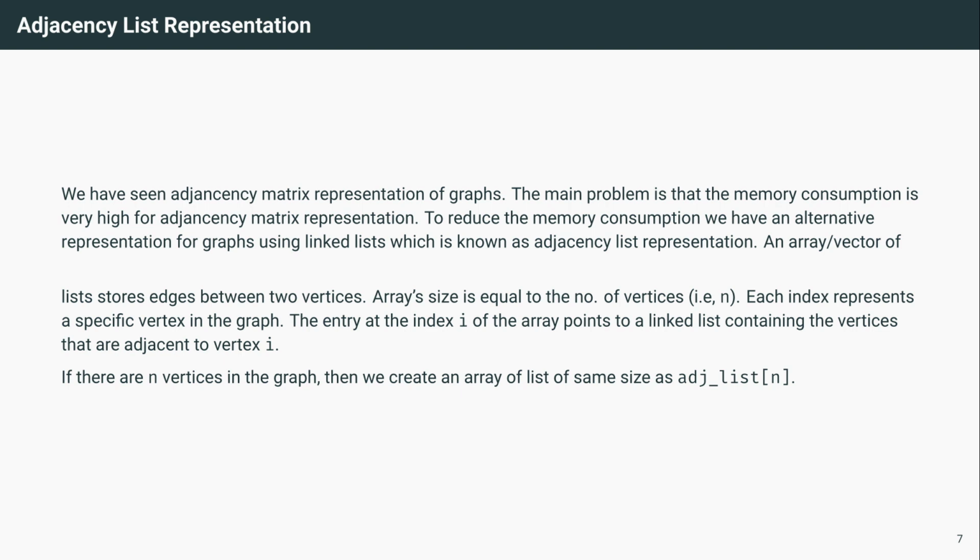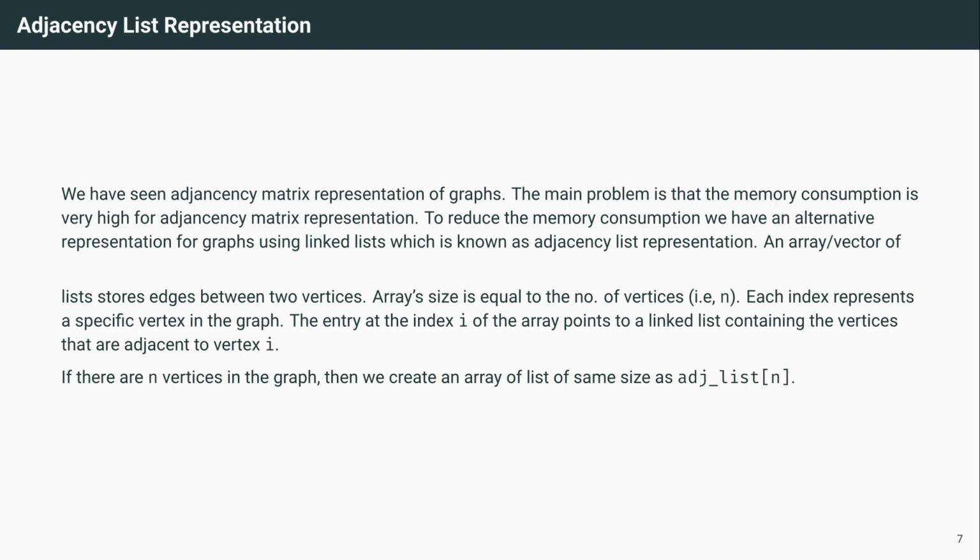The size of the array is equal to the number of vertices, n, and each index represents a specific vertex in the graph. So the entry at index i will represent the vertex i, and that array element will contain the pointer to the linked list, which will contain the vertices that are adjacent to i.